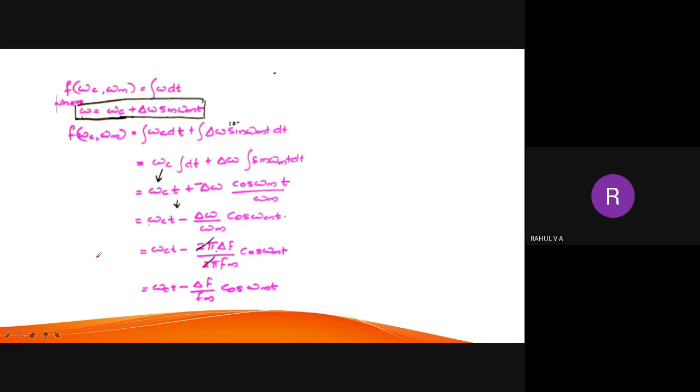So what we are doing is integrating with respect to time to find out the value of angular frequency. So integration of omega dt. I am writing f of omega c comma omega m is equal to integration of omega dt. So what is this omega? It is actually written in the second line.